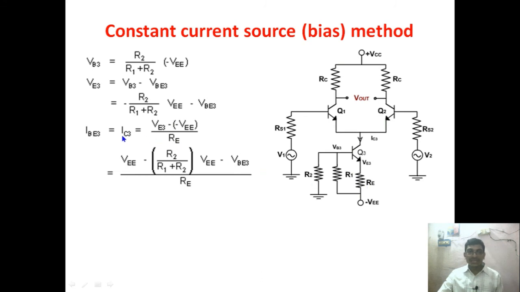So IE3 is equal to VE3 minus of minus VEE, divided by the RE resistance value.